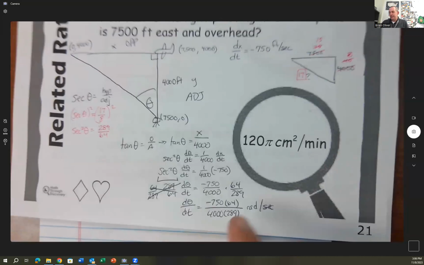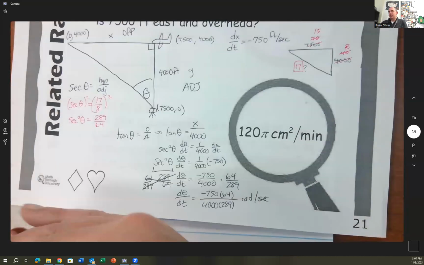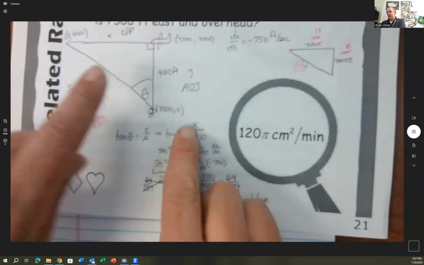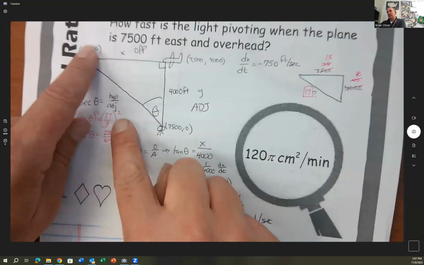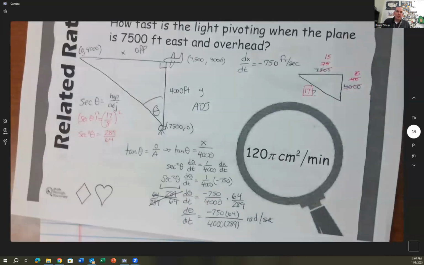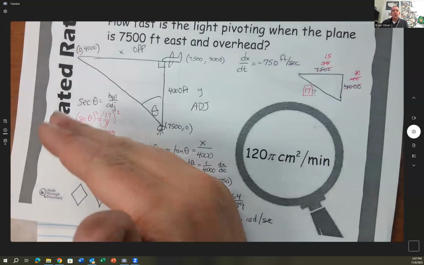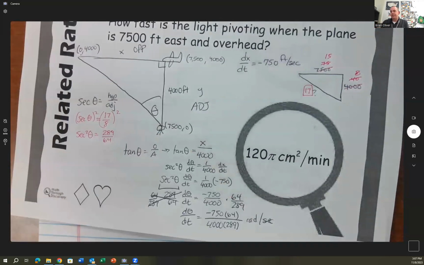Now, here's the deal. Think about it. This will be a negative answer, but that searchlight is making the angle bigger. As the plane goes this way, this guy gets bigger. Why is this negative? When the angle's getting bigger, the reason that it is, because, oh boy. When you actually are going to the left, you're dealing with negatives.